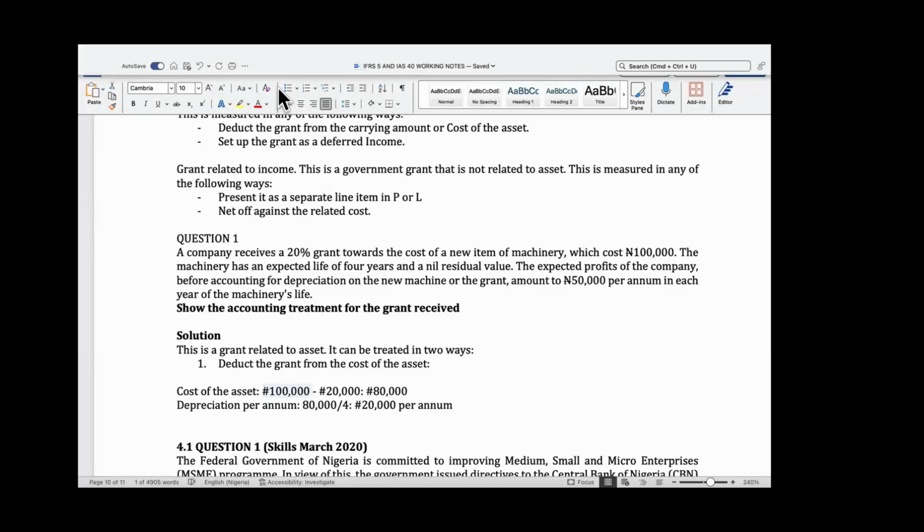When you debit P&L, that's expense now. Yes, that is. I will call it subsidy. That's the name I'm calling it.